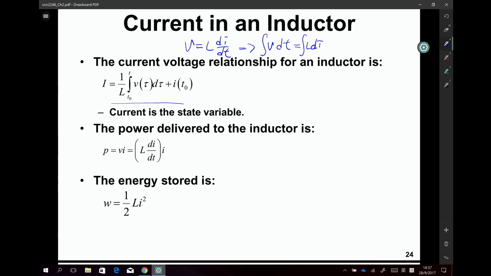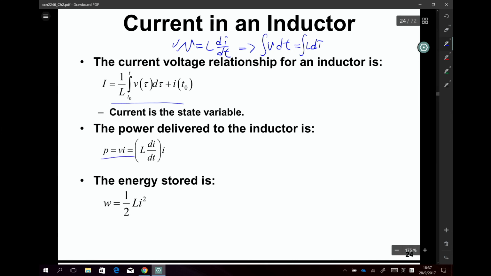This is the integral form of the IV characteristic, but similar to the capacitor, the derivative form is more important because most likely we use the derivative form in our analysis rather than the integral form.